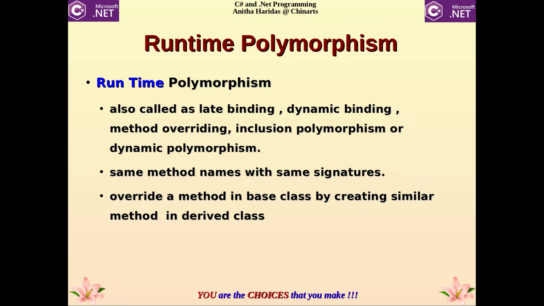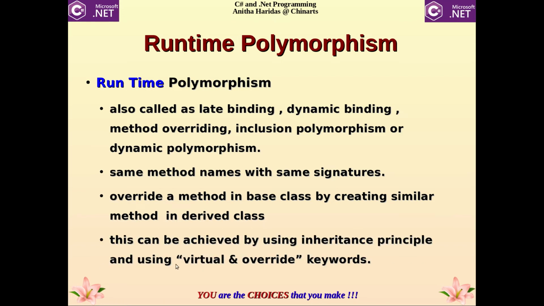Only after discussing inheritance we will talk about the runtime polymorphism example programs. So here you have to keep it in mind. Runtime polymorphism is achieved through overriding a method in the base class by creating similar methods in the derived class. So this can be achieved by using the inheritance principle and using virtual and override keywords.